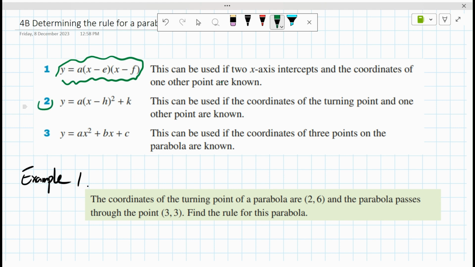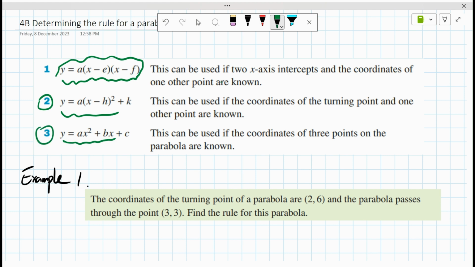And the second one, which we already did in the previous lesson, is called turning point form. And this one is turning point form with one other point known. Also, the next one will be when normal coordinate points on the parabola are known. So we need to know which form we're gonna use for the parabola.